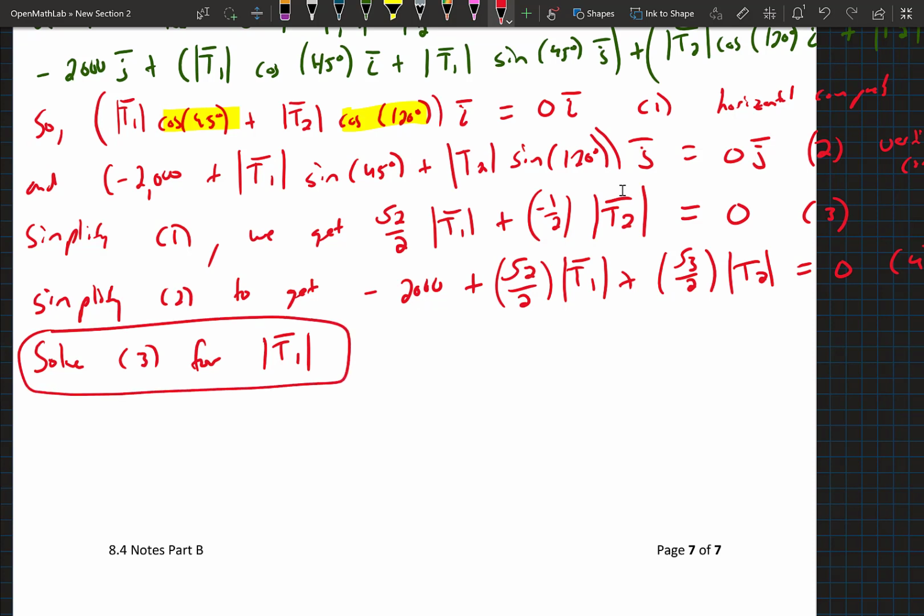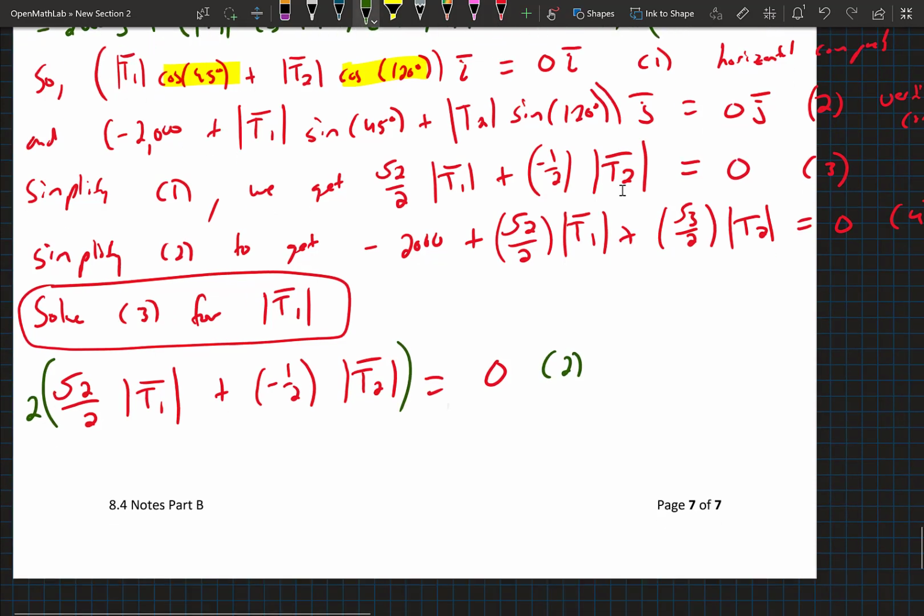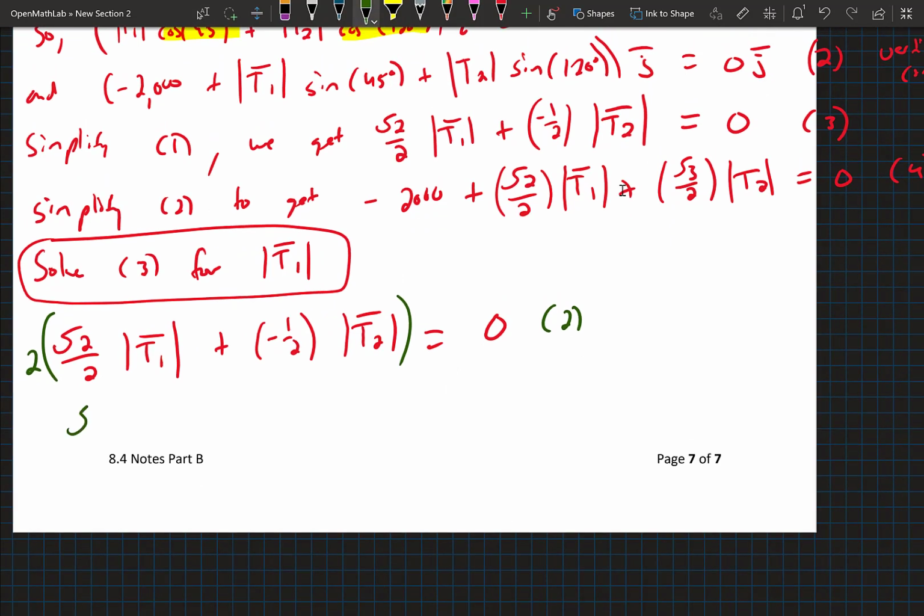So I'd have radical 2 over 2 times t1 plus negative 1/2 times vector t2. That's equal to 0. So one nice thing I could do to start with is I could multiply both sides by 2. So then what I'm left with is radical 2 times the magnitude of t1 plus, essentially minus magnitude of t2 equals 0.